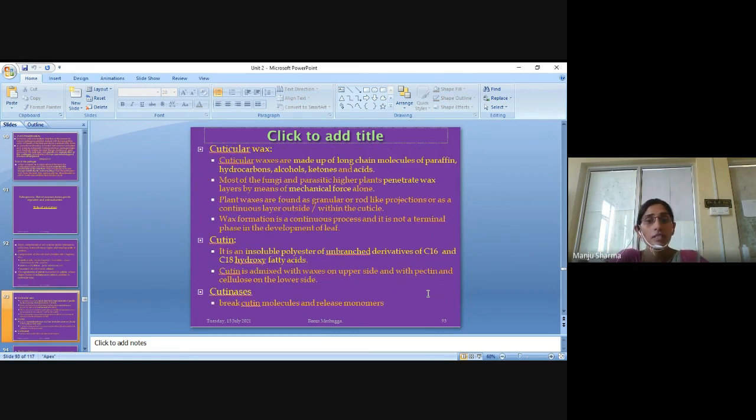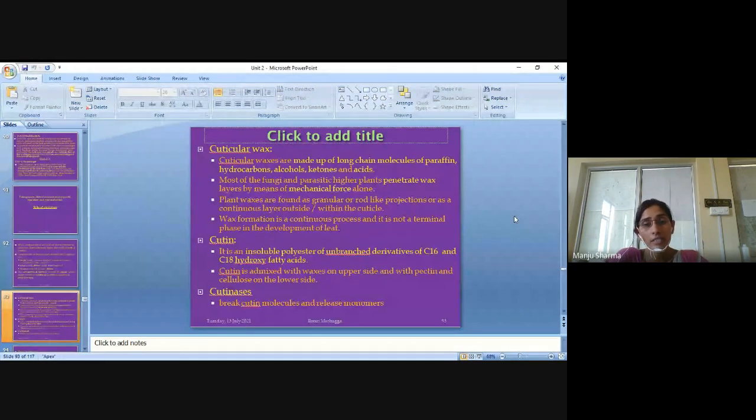So first is the cuticular wax. Cuticular waxes are made up of long chain molecules of paraffin, hydrocarbons, alcohols, ketones, and acids. Most fungi and parasitic higher plants penetrate the wax layer by mechanical force alone.